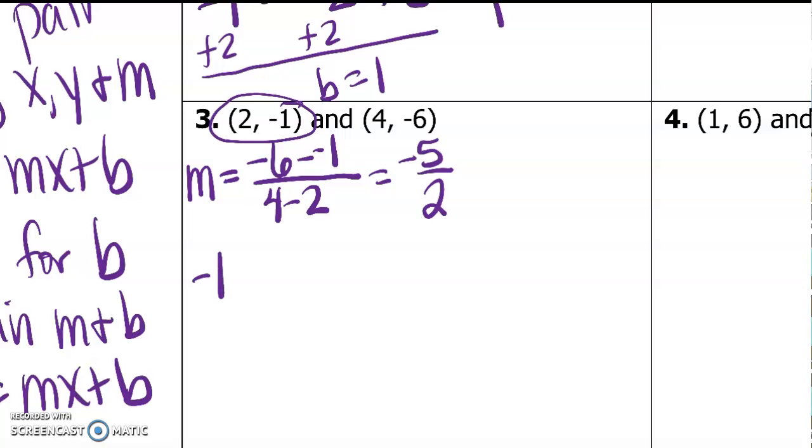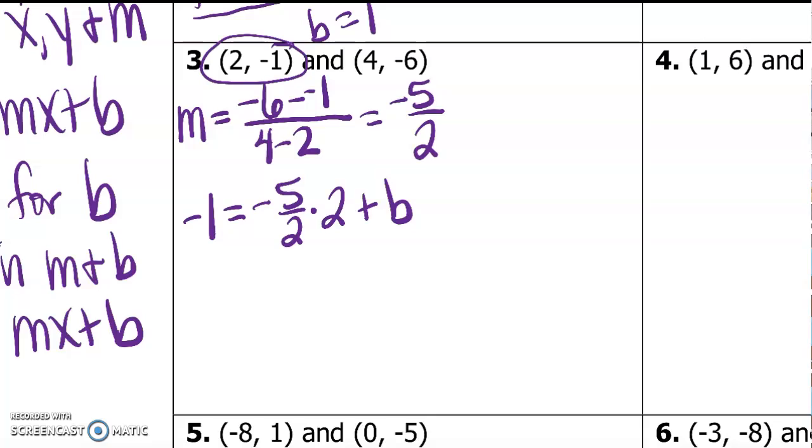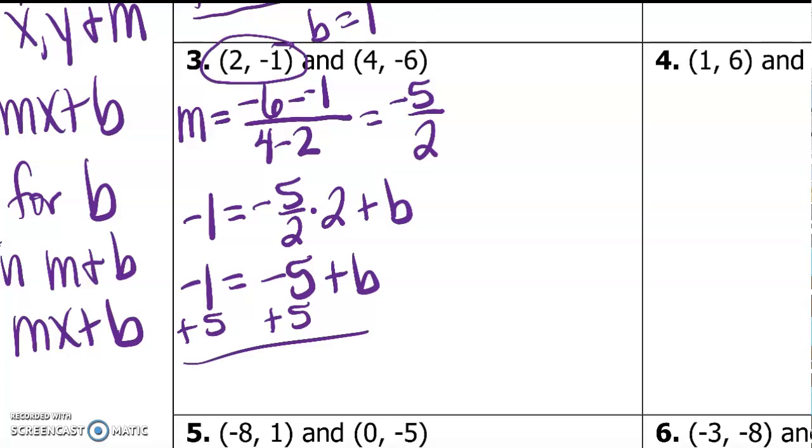So y is -1 equals, we just calculated our slope of -5 over 2 times 2 plus b. So we multiply to get -1 equals -5 plus b. Then we add 5 to get b equals 4.